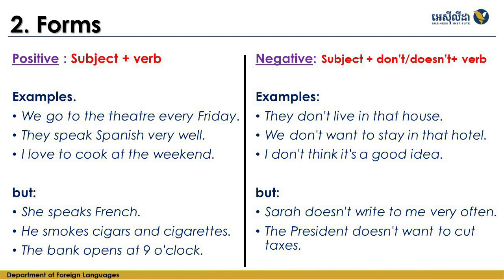When you want to make the positive, it is subject plus verb. For example, we go to the theater every Friday. Now, like I told you earlier on, it is a habit. So every Friday, this is the time expression.